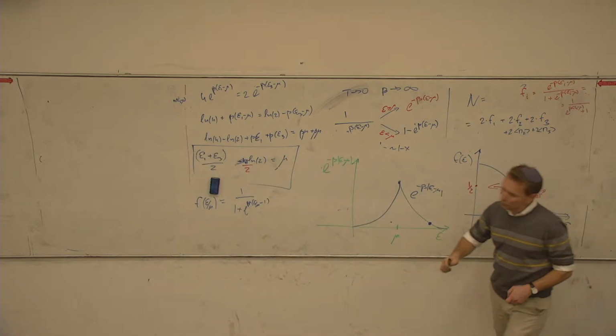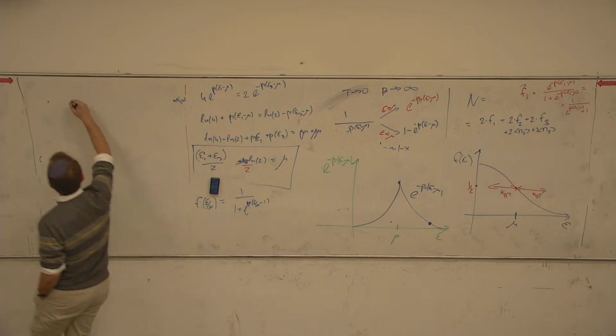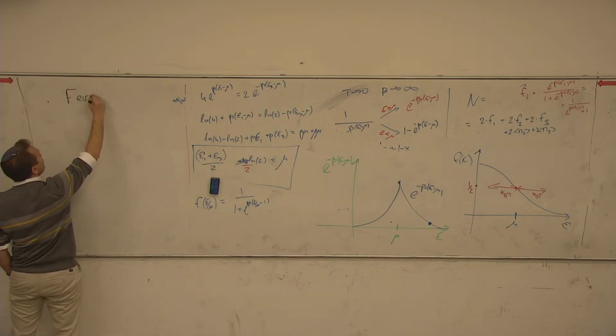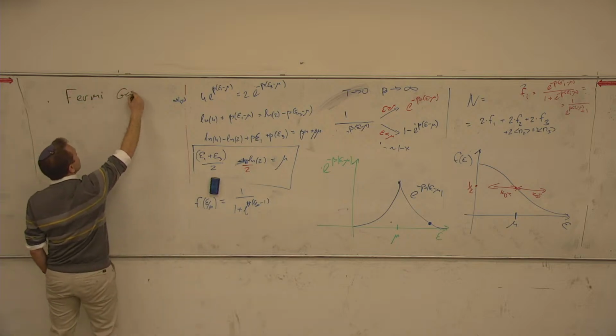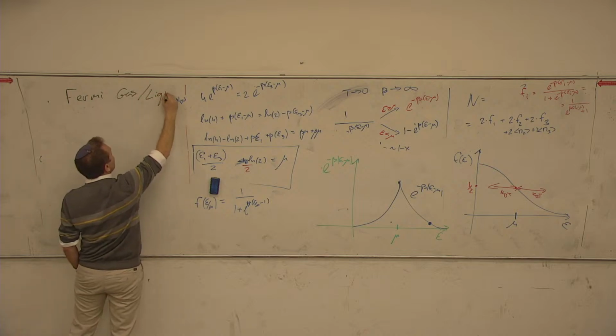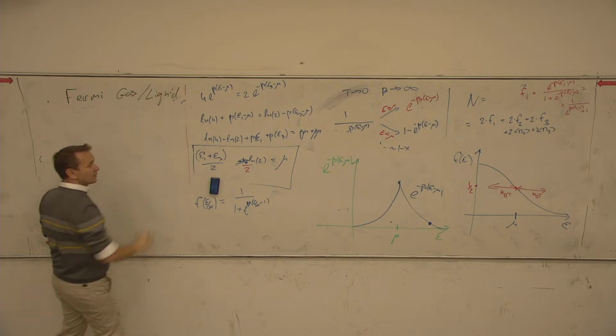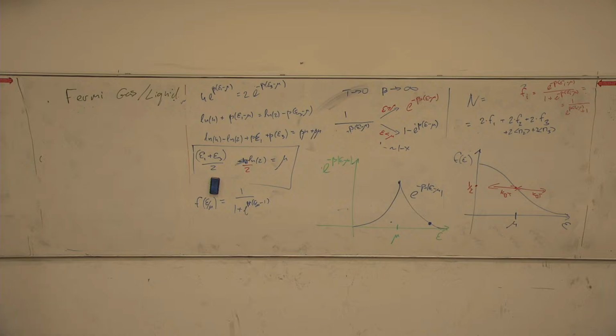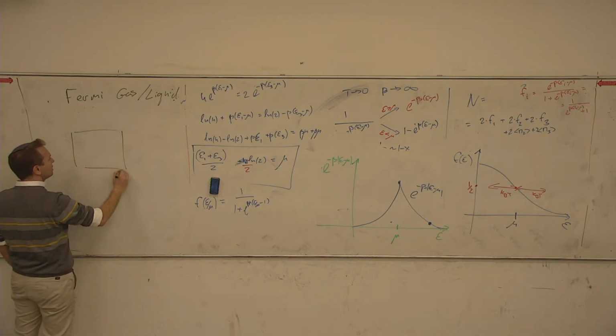Okay, we are going to solve the question of a Fermi gas or liquid. It's usually called Fermi liquid, but it's actually a Fermi gas. So we have a box.